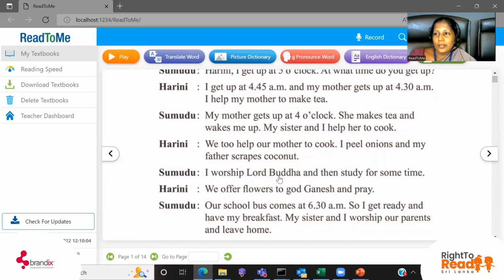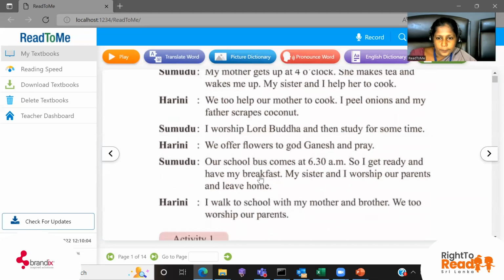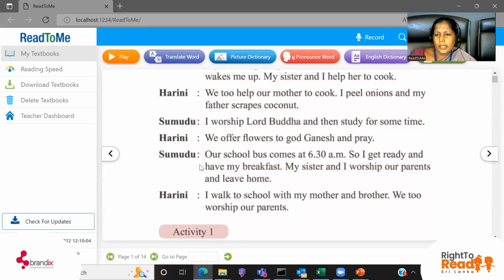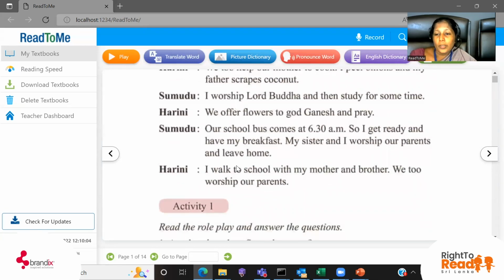Yes, according to their religion, they are doing like that, right? Our school bus comes at 6:30 a.m., so I get ready and have my breakfast. My sister and I worship our parents and leave home. I was showing you with the picture. I walk to school with my mother and brother. We too worship our parents.